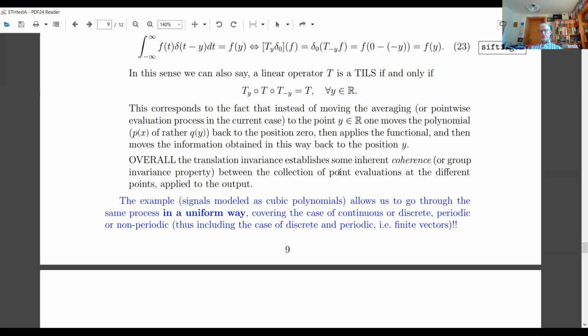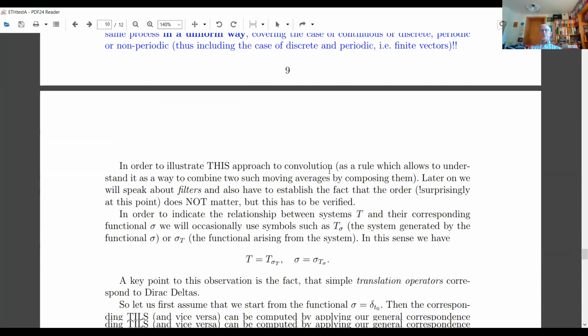All the cubic polynomials are continuous functions. The space has to be invariant. Therefore, because it's a linear space, it's meaningful to ask what are the operators which are linear from one space to another. Because in our case it was four-dimensional, we could describe it by matrices. And then we can ask whether it commutes with translation or not.